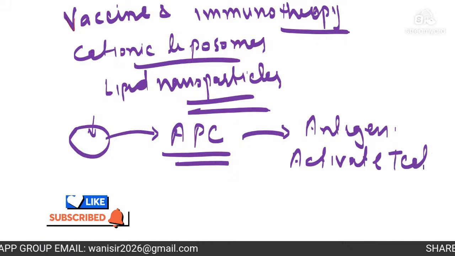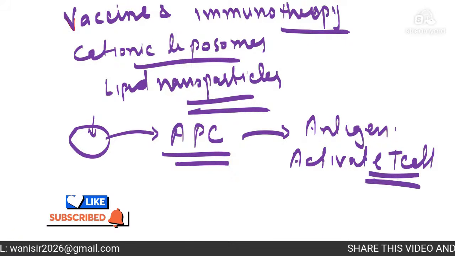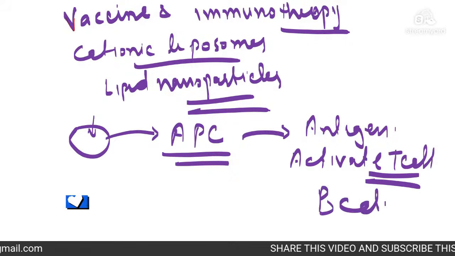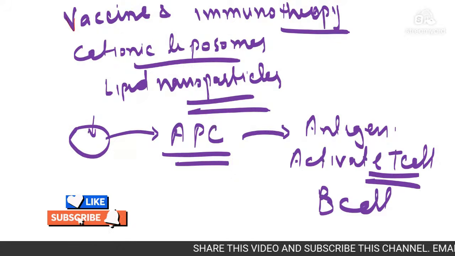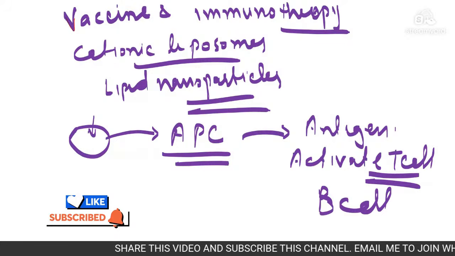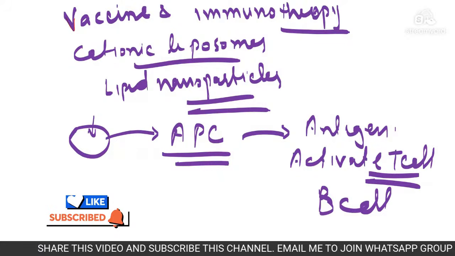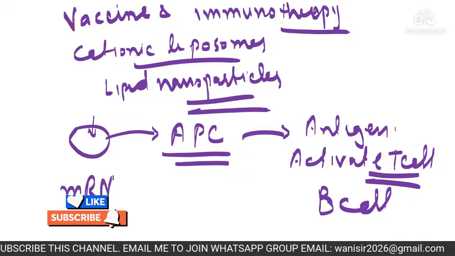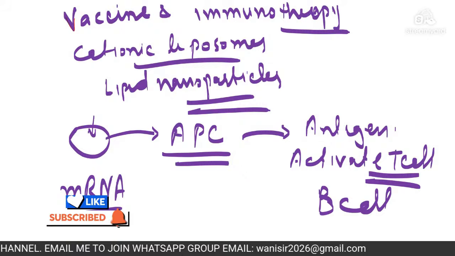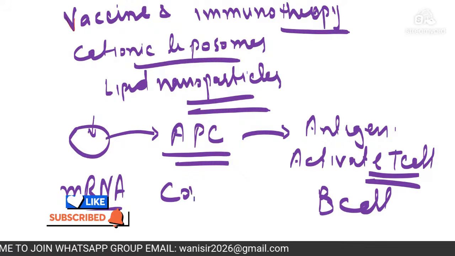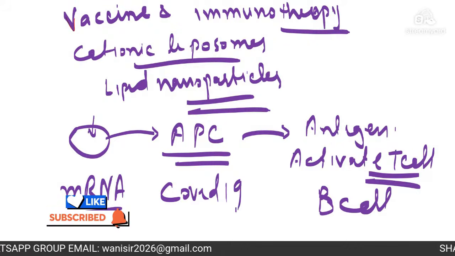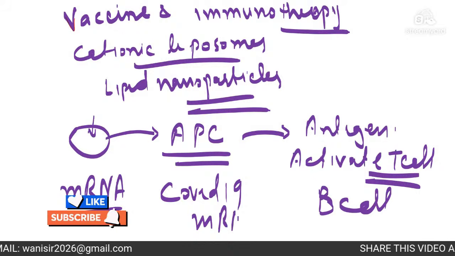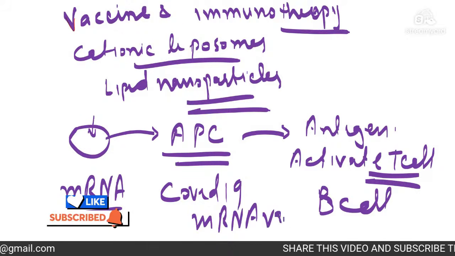They tell the T cell, oh, get up, there is an enemy, or the B cell, and they activate the T cell and B cell. So we are delivering vaccine or immunotherapy. This is conceptually similar to the mRNA based vaccines like COVID-19 mRNA vaccine.